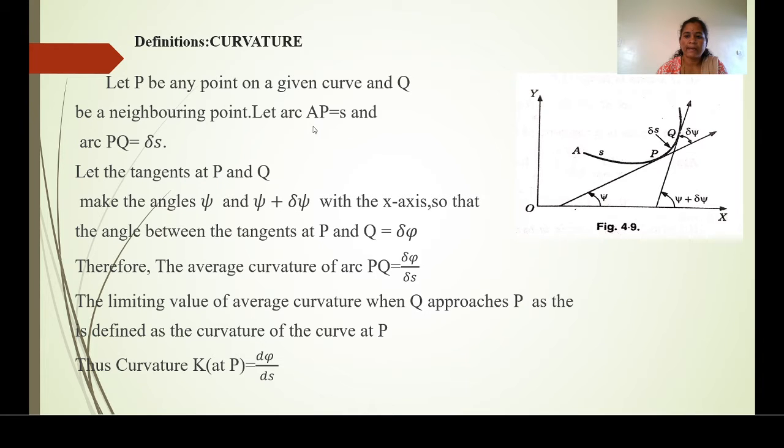Let arc AP, its length, be s, and arc PQ be the increment from the point P, represented by delta s.